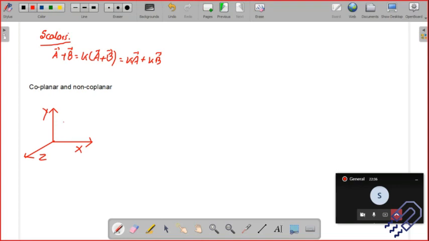If you have a lot of vectors here, one vector in this direction, one vector in this direction, one vector here, one vector here, all of them are in the same plane. That means they are in the xy plane, right? So all these vectors that we have, maybe A, B, C, E, all of them are coplanar vectors.